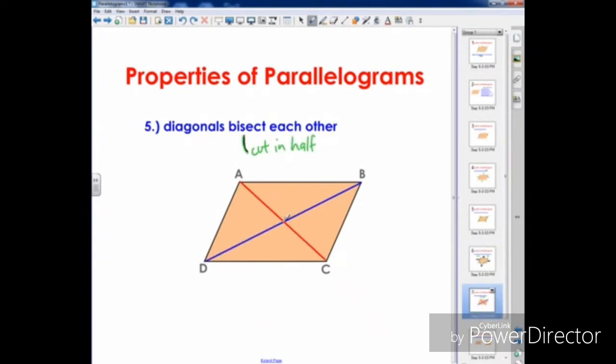In our example, we have line segment AC and line segment DB as the diagonals. So diagonals bisect each other. Segment AE is congruent to segment EC.